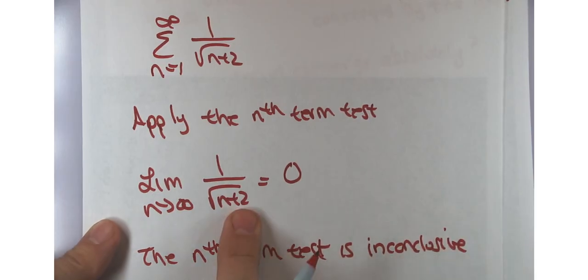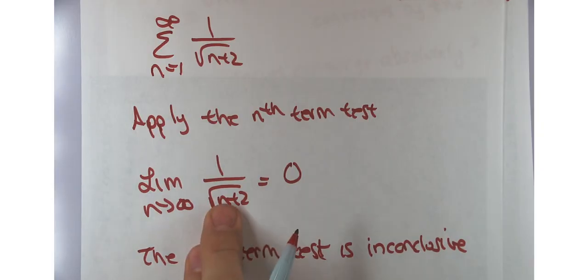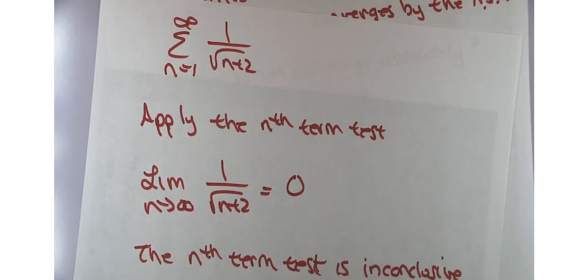But if you take into account this limit and the fact that it alternates, putting those two together, the alternating series test says, yes, it does converge. So it's more than just that the limit is 0. You have to have that alternating part to make it convergent. It's not enough just that the limit is 0.